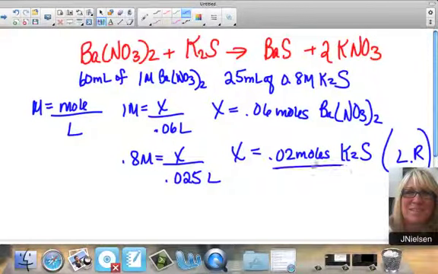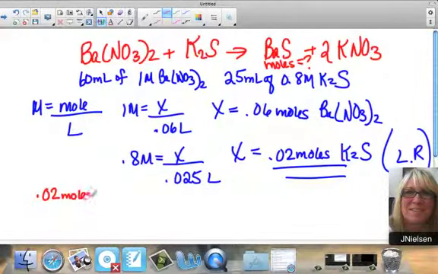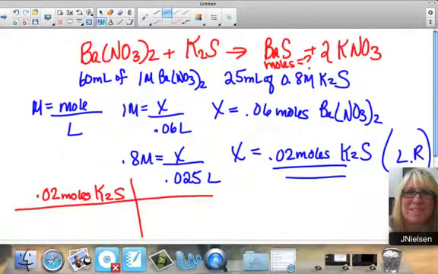That's really important. Now they want to know how much barium sulfide will form. So they want to know, let me see if they're asking for moles or grams. How many moles of barium sulfide? So we're trying to find moles of barium sulfide. So we're going to use dimensional analysis, starting with my limiting reagent. 0.02 moles of K2S. I'm going to use a molar relationship from the balanced equation.